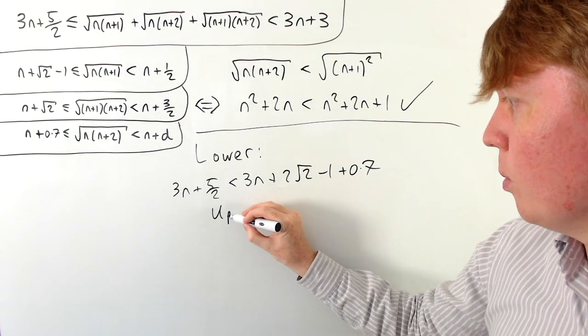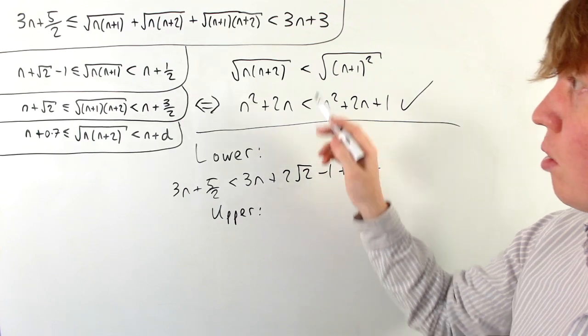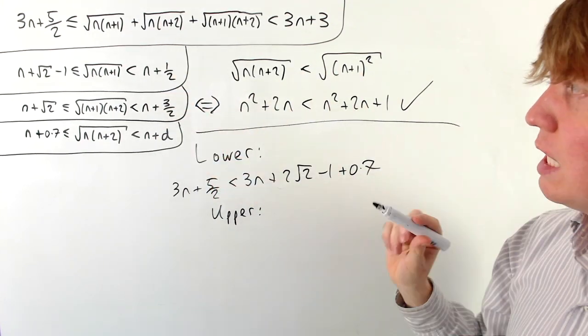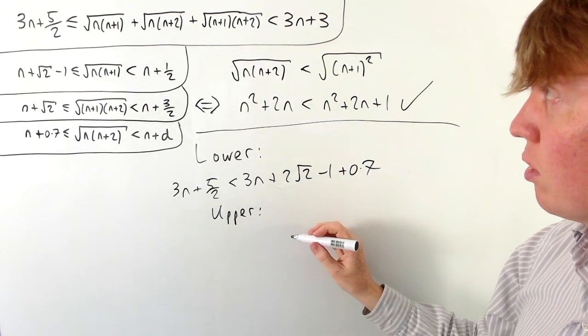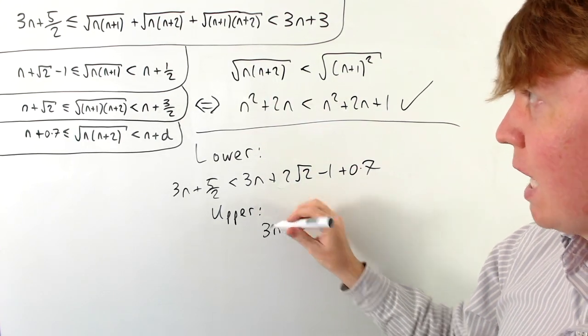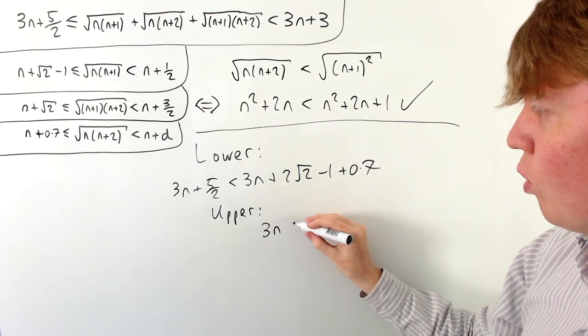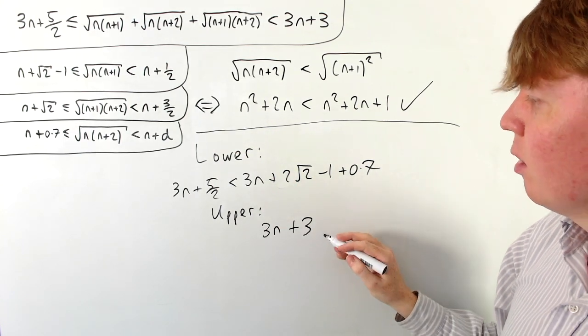And then if we look at the upper bound, this is even nicer because we've actually shown directly, if you add these three together with d equals 1, that our sum of square root terms is strictly less than 3n plus a half plus 3 over 2 plus 1, which gives us 3n plus 3.